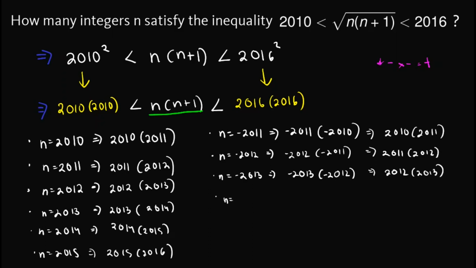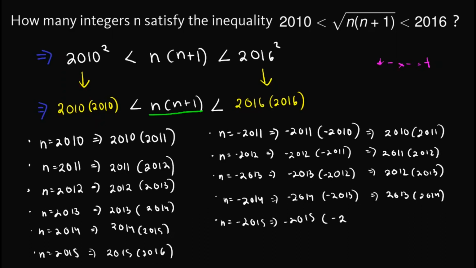Then we have n equals negative 2014, which gives us 2013 times 2014. Then n equals negative 2015, which gives negative 2015 times negative 2014, which is simply 2014 times 2015.